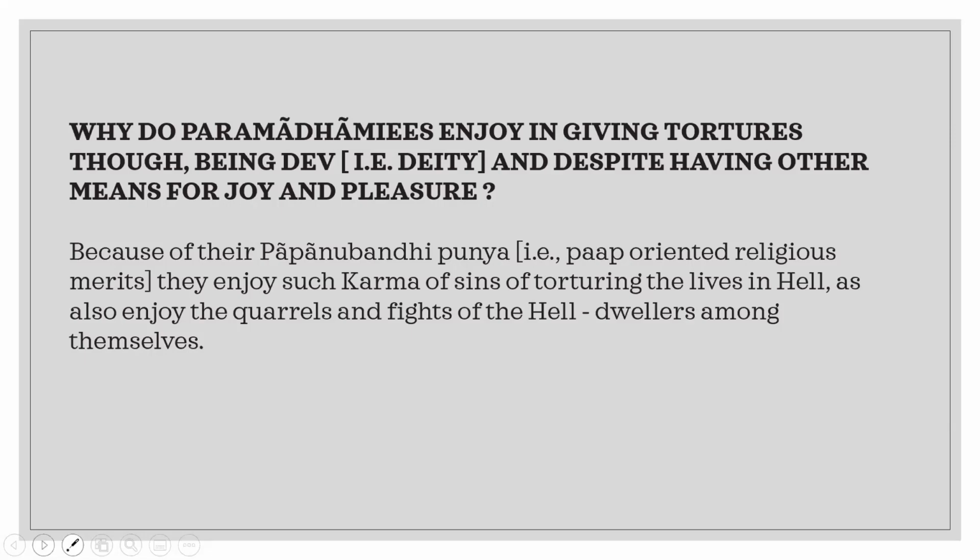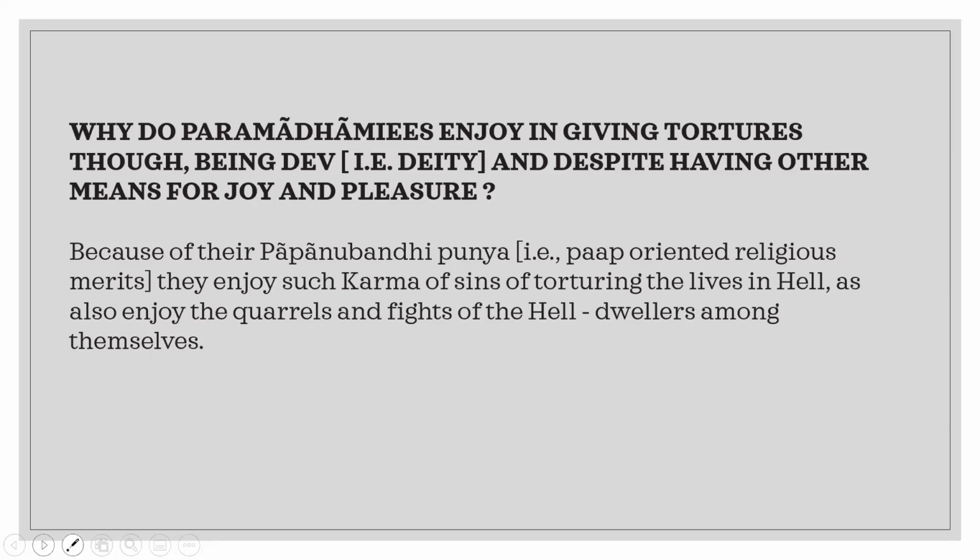Simple example: we were talking last time about who becomes a Parmadhami. In Bhagwan Mahavir's time, there were these tapas who do yagna. In this yagna, they do bali of animals. They even kill Panchindriya animals, and they even kill human beings.